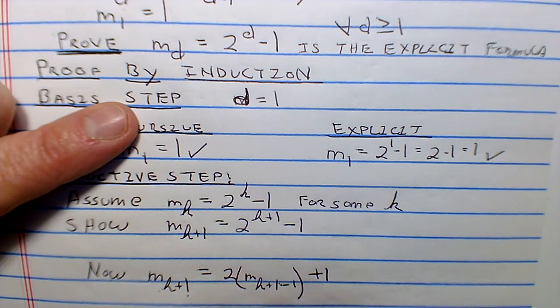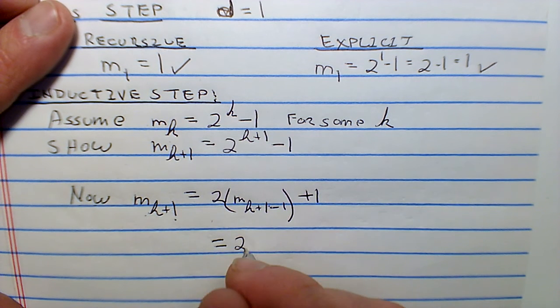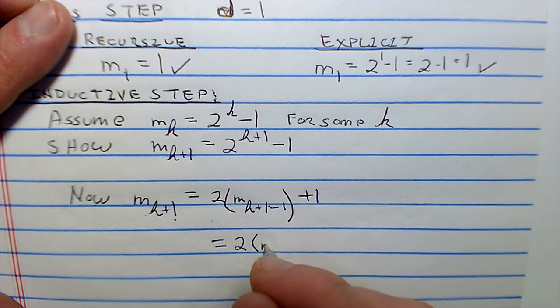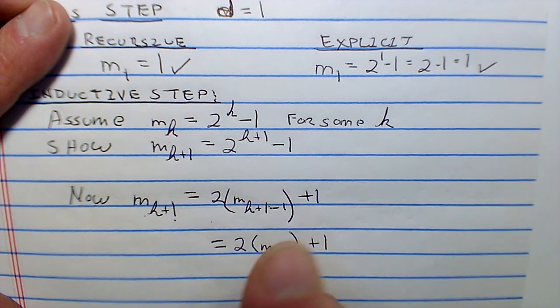In other words, this is 2 times m sub k, because k plus 1 minus 1 is k.